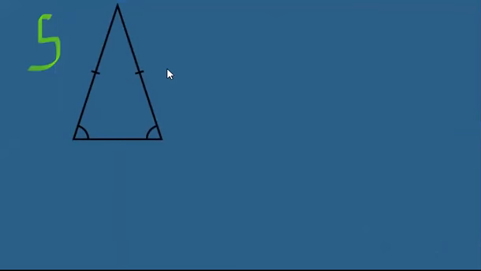So isosceles triangles have two equal sides based on the marks here, the little marks. So our question is, how would you explain the triangles to someone?